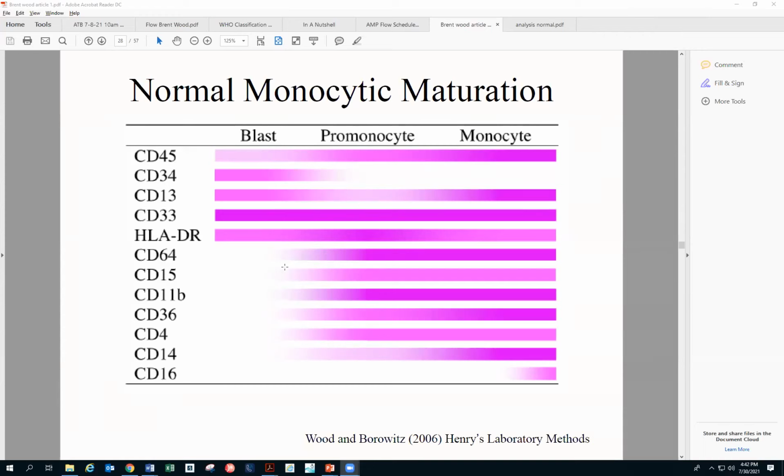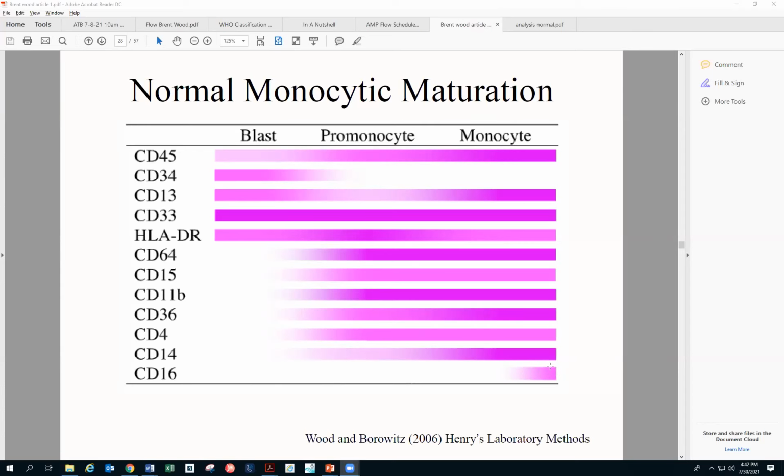CD64 and CD11b are seen more in the later stages. So promonocytes and monocytes will have 64 and 11b. As Shweta asked, it is also there in promonocytes and monocytes, but again, it cannot be used. CD16, we were talking, is more of a granulocyte marker.